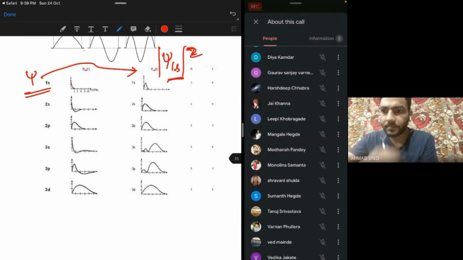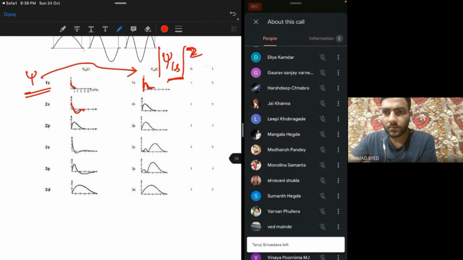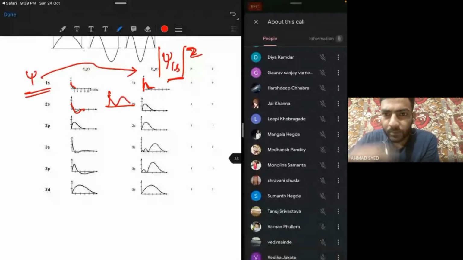Now if there is a function like this and you square it, the graph comes like this. There's something problem here. I think it should be this and this.